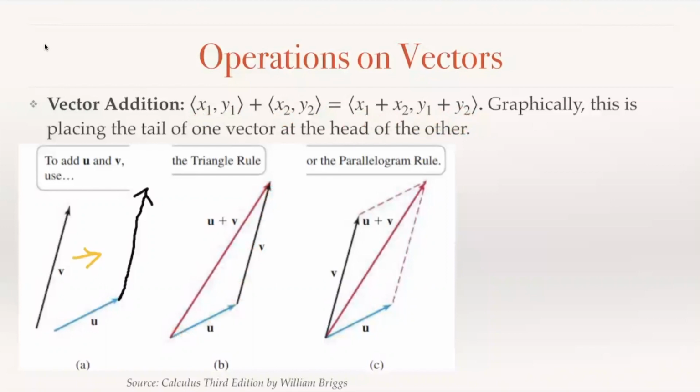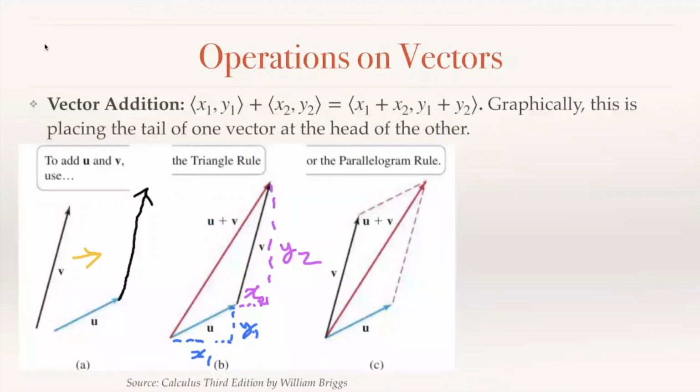And why does this correspond to the algebraic definition of vector addition? Well, here's u, it has coordinates, say, x1, y1, and here's v, it has coordinates x2 and y2.